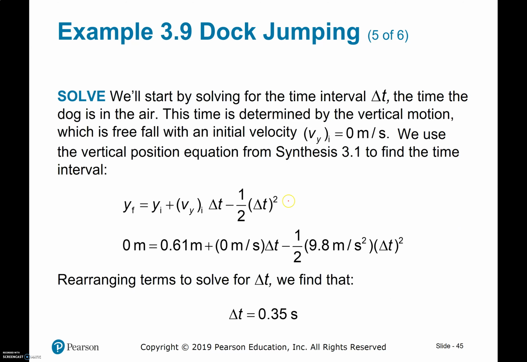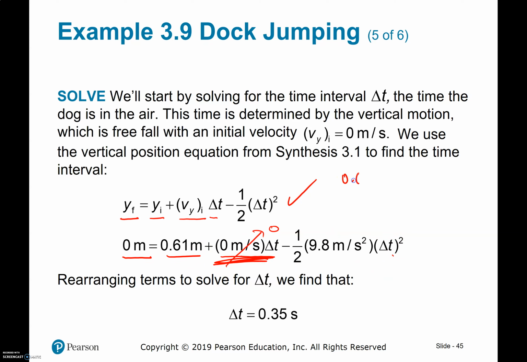We start by using this equation, which says the final vertical position equals the initial vertical position plus the initial velocity times delta t minus 1/2 g delta t squared. What is my final position? It is 0. My initial position was 2 feet, 0.61 meters. I have no initial velocity in the y direction, so this is 0 here. And then this is minus 1/2 times 9.8 times delta t squared. So from this, I can solve for delta t, right?